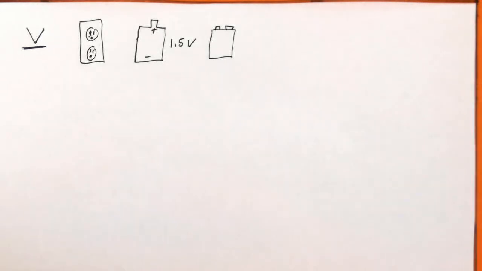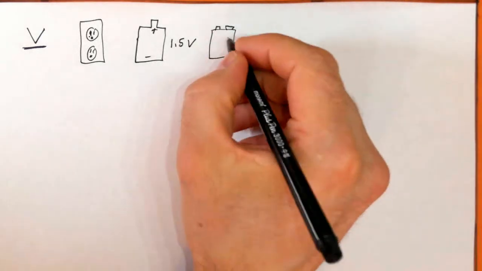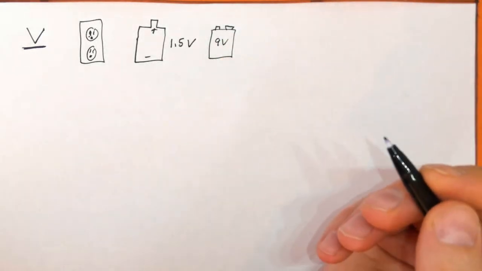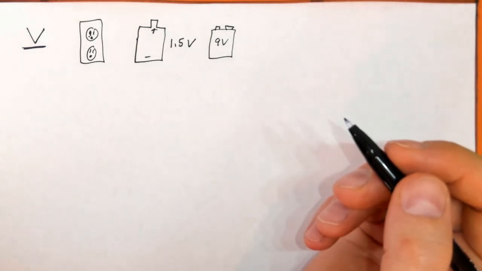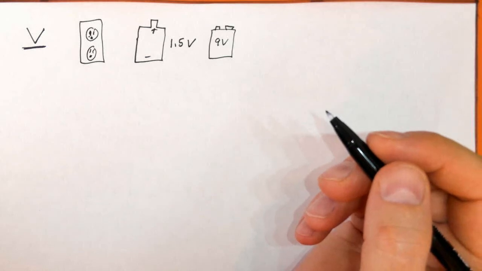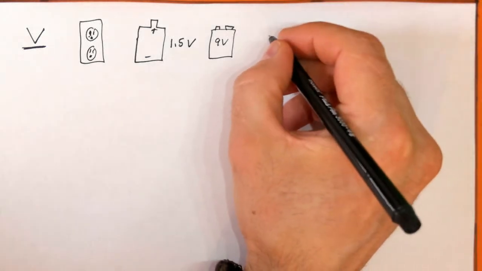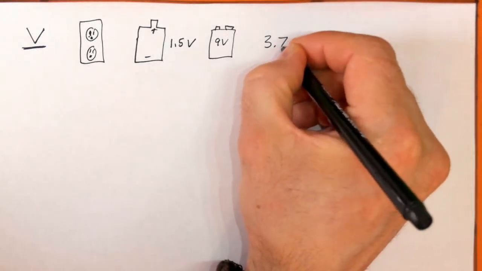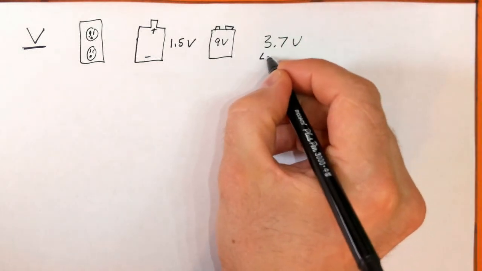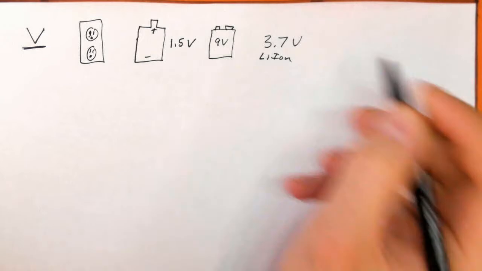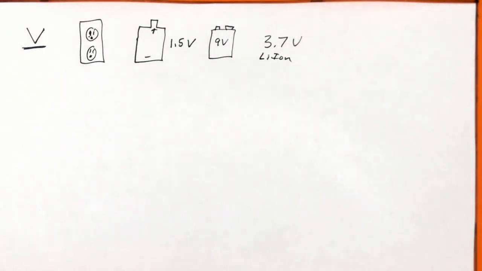Those are 9 volts. And then your phone and most small electronic devices have lithium-ion batteries. And they're set up to have more, around 3.7 volts. Okay, so your lithium-ion or your small electronics have 3.7 volts.